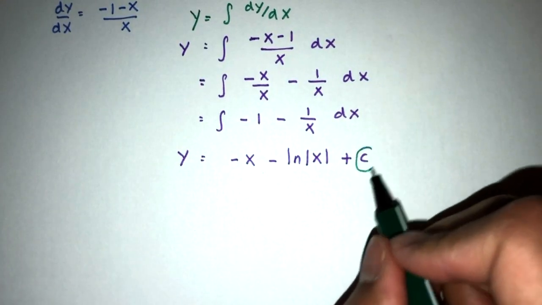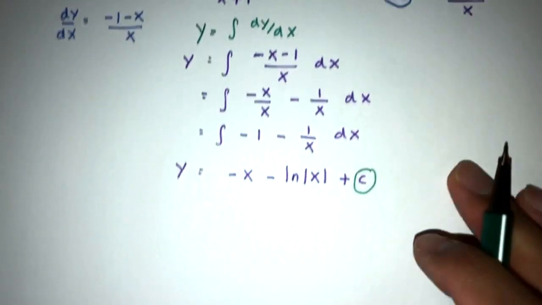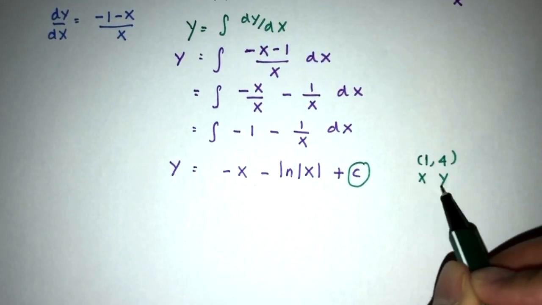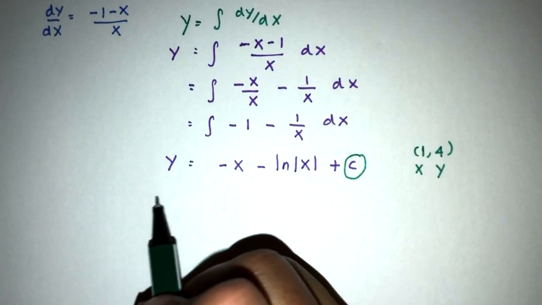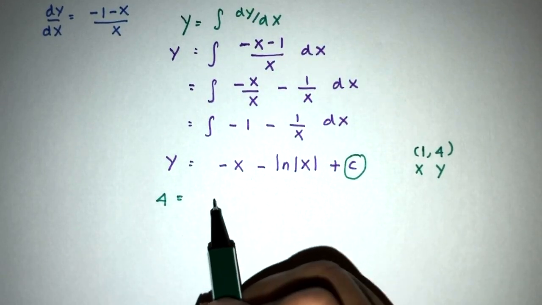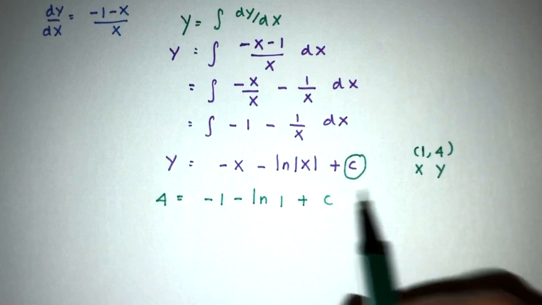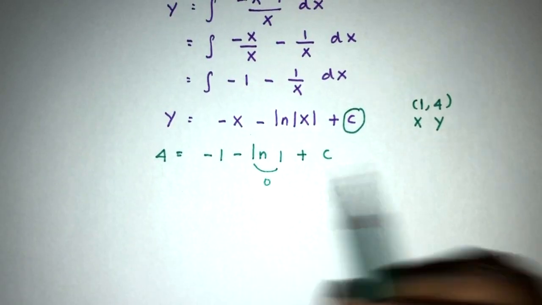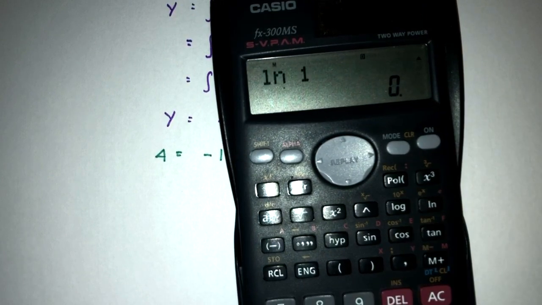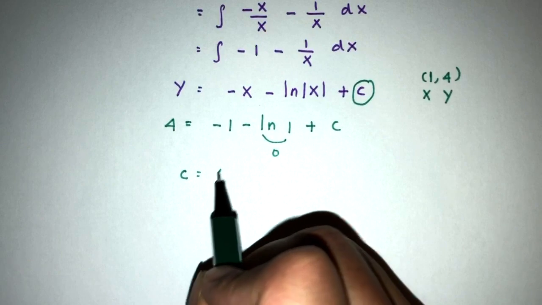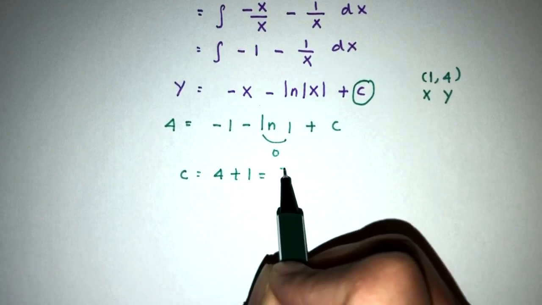Now let's find the value of c. We have to use the passing point, which is 1, 4. So 1, 4, this is your value of x, value of y. So y will be 4. This will be minus 1 minus ln of 1 plus c. Now this will become 0. You can check. ln of 1 is 0, right? And c has to be 4 plus 1, that will be 5.